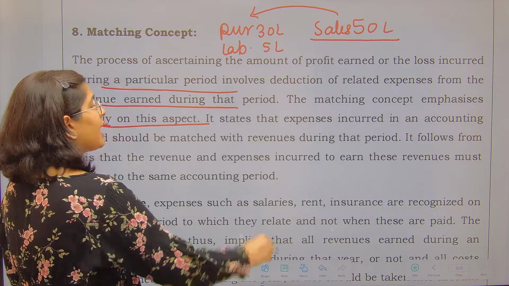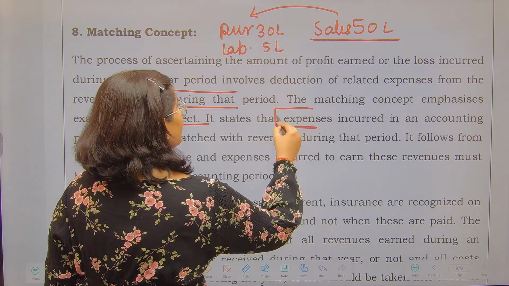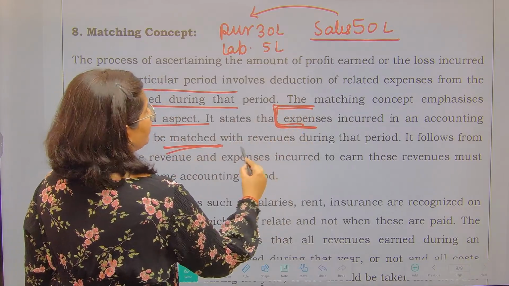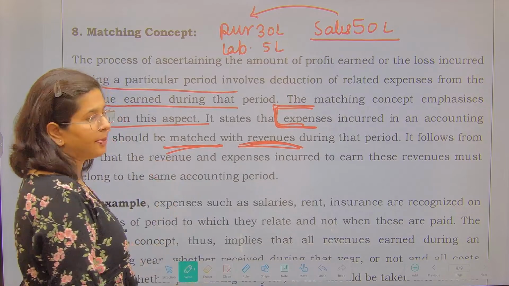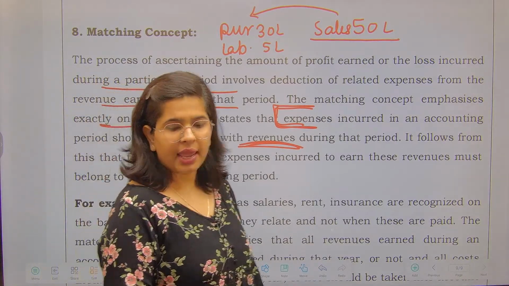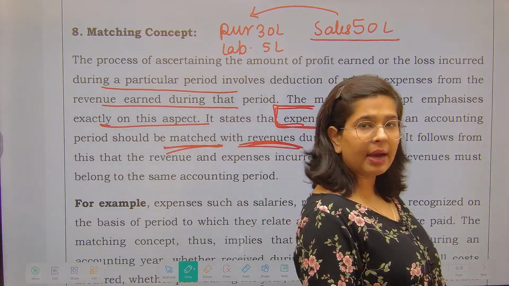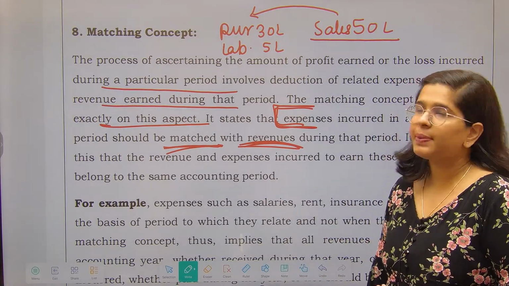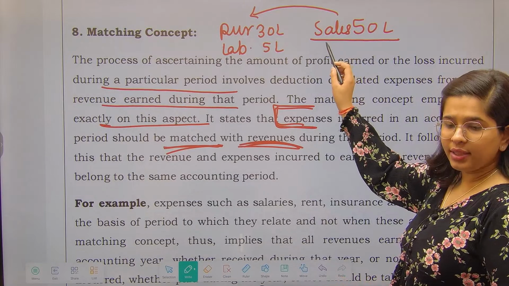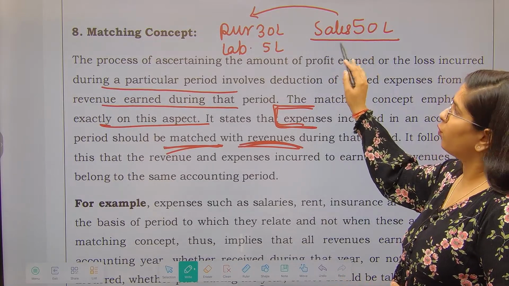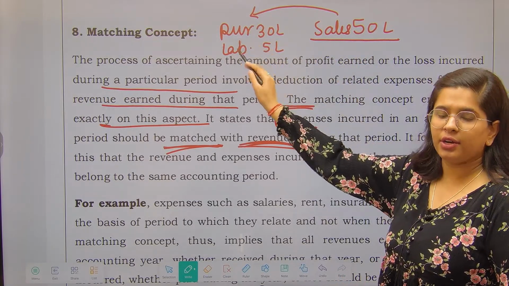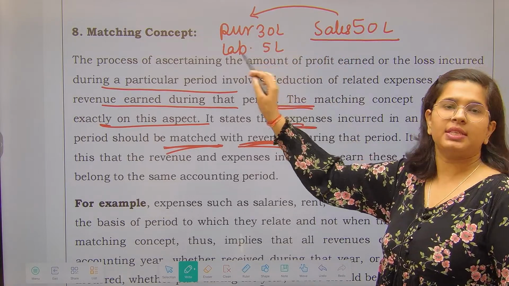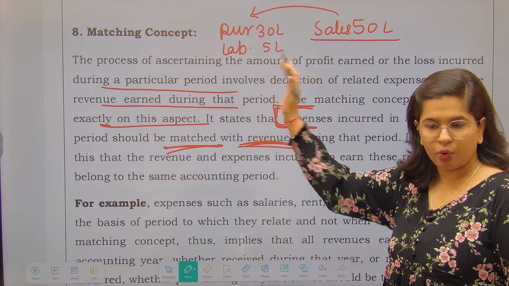What it says is that expenses incurred in an accounting period should be matched with the revenue during that particular period. एक अकाउंटिंग पीरियड में इनकम और एक्सपेंसेस मैच करने चाहिए. मैचिंग का मतलब क्या? Sales you have done, this is your income, this is your revenue. What expenses you have incurred to earn this particular income, write all the expenses in that accounting period only.